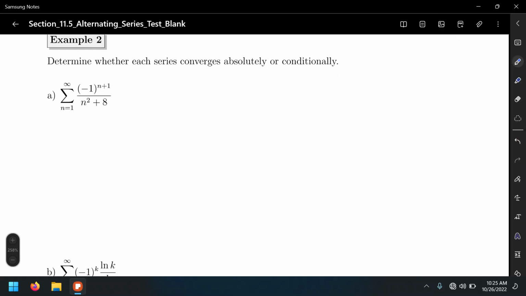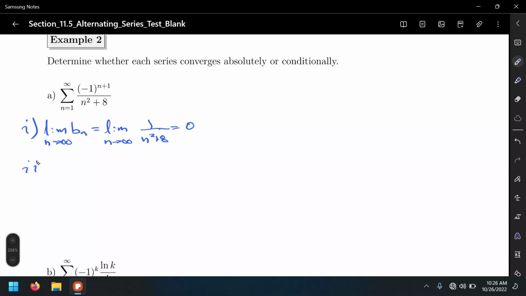So first condition: is the limit of the sequence b sub n as n approaches infinity equal to 0? In other words, the limit as n approaches infinity of 1 over n squared plus 8. What's that limit equal to? 0. Okay, first condition satisfied.